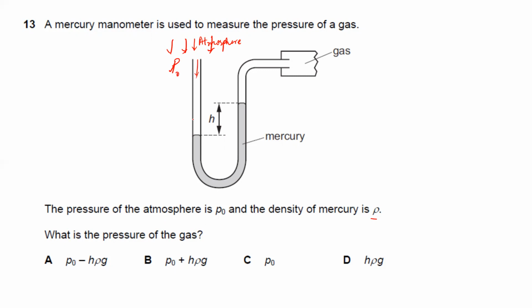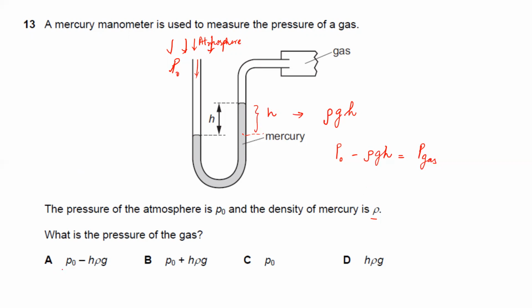This height is h, and the pressure because of this height is rho, the density, g, acceleration due to gravity, and the height. So technically, P naught minus rho g h will be equal to the pressure of the gas. Let's see which is the best representation of this.